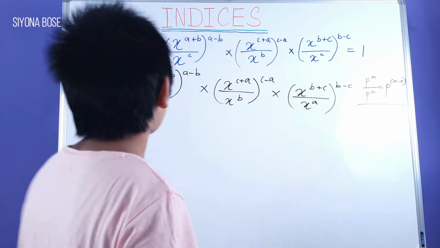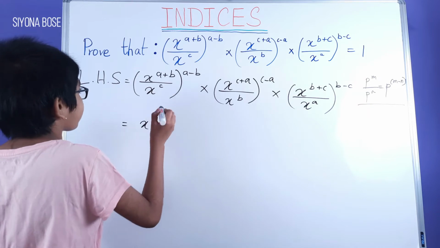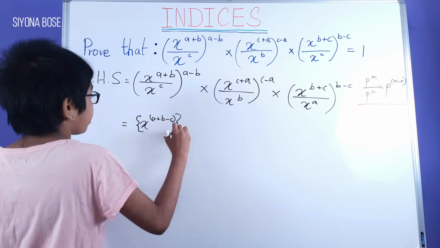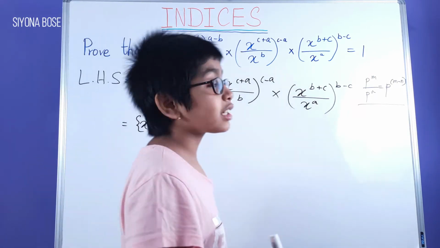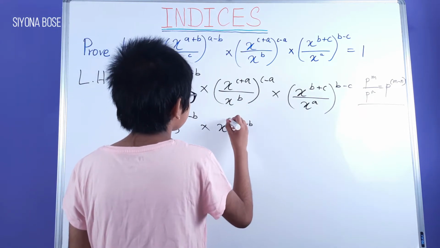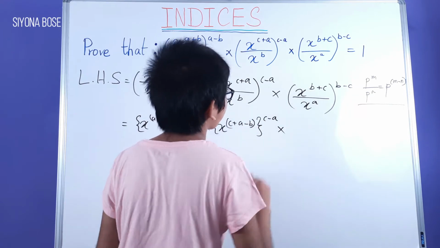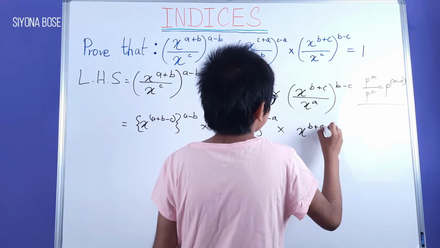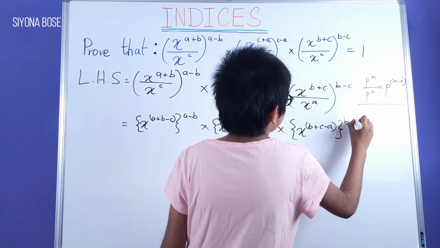Keeping that in mind, we get here (x^(a+b-c))^(a-b), and the same thing we apply for the other two, (x^(c+a-b))^(c-a) times (x^(b+c-a))^(b-c).